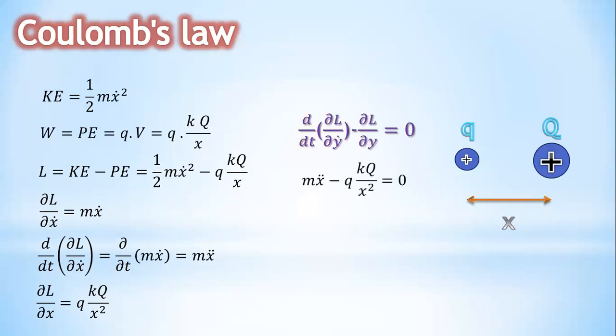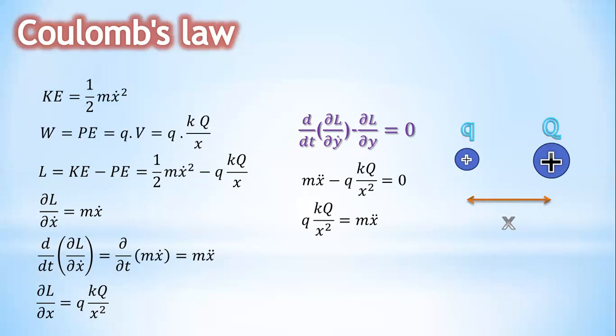We get m x double dot minus q k big Q over x squared equals 0. So m x double dot equals q k big Q over x squared. But we know that the force between the two charges is k q small multiplied by big Q over x squared, which is the Coulomb force.